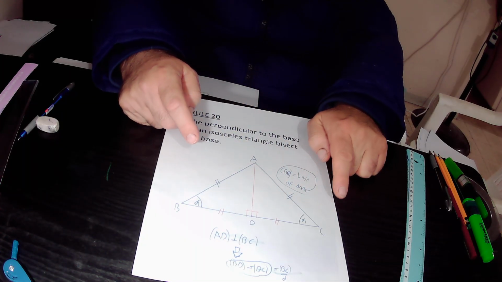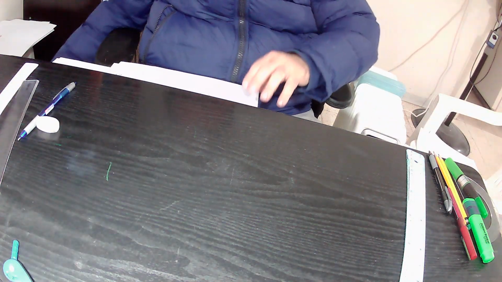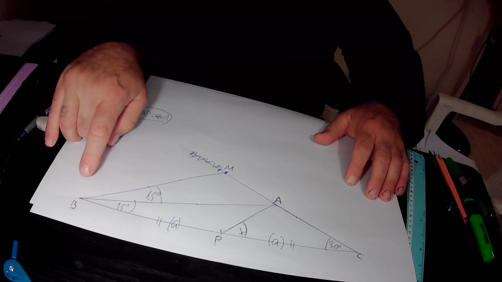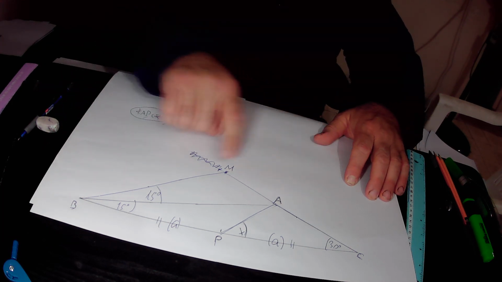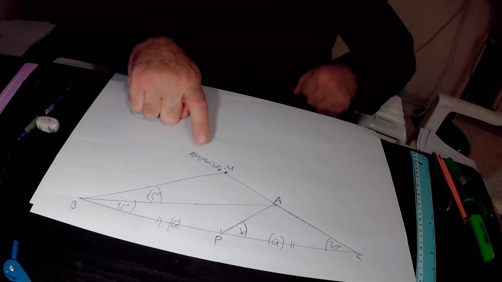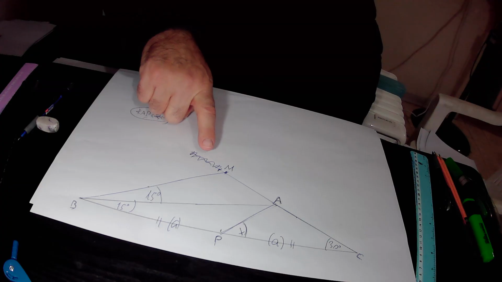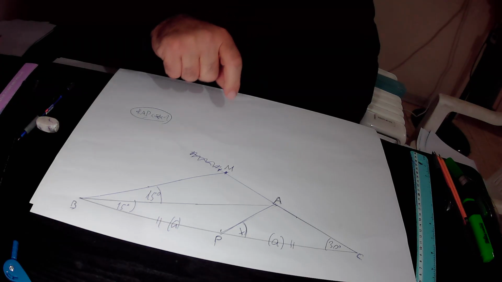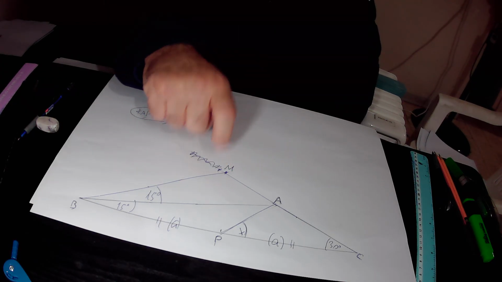So we can actually implement rule 20 in our drawing. In our drawing, this is the associated triangle BMC. BC is the base of this associated triangle. So the perpendicular from point M to the base BC bisects the base BC, according to rule 20.